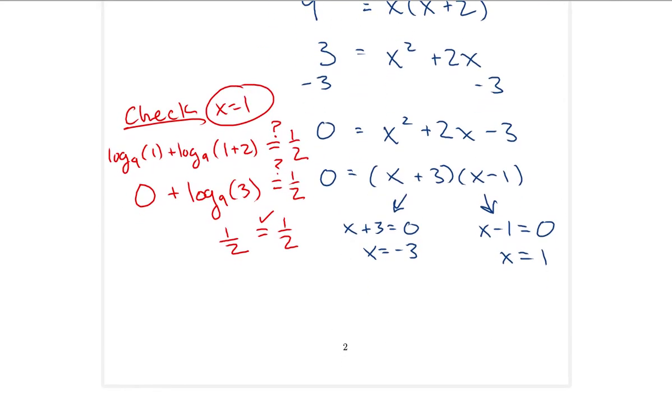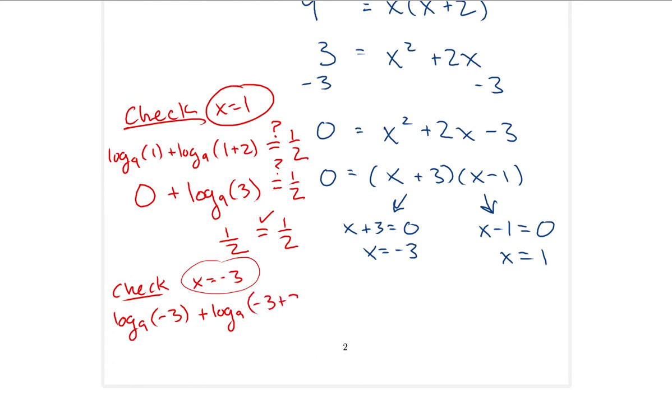But when I look at the other one, when I look at x = -3, I run into trouble from the very beginning, because I'm going to take the log base 9 of -3 plus the log base 9 of -3 + 2. And before I even really finish this statement, I know that I've got trouble because I know I can't take the log of a negative.